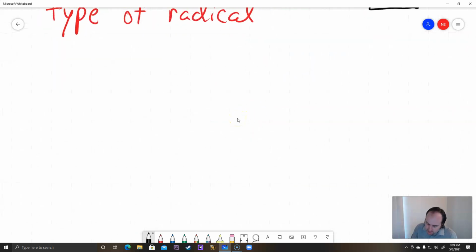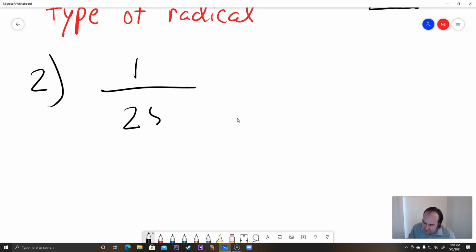So for example number 2, we're going to take a look at a different denominator. For this one, we're going to do 1 over 256 in parentheses raised to the 1/4 power.